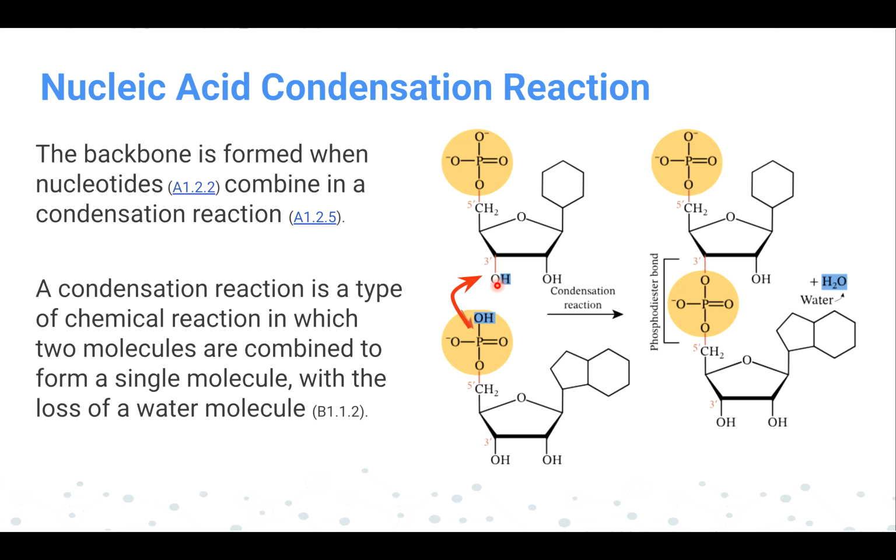This is your phosphodiester bond. And this condensation reaction is a type of chemical reaction in which 2 molecules are joined to form a single molecule, and 1 water molecule is lost. So this is an example of condensation reaction.